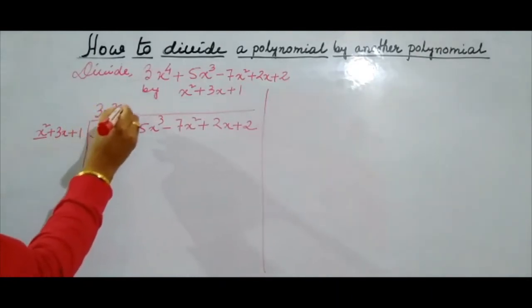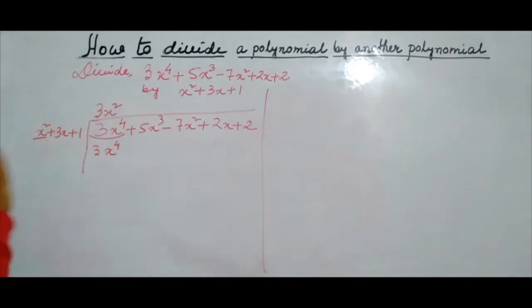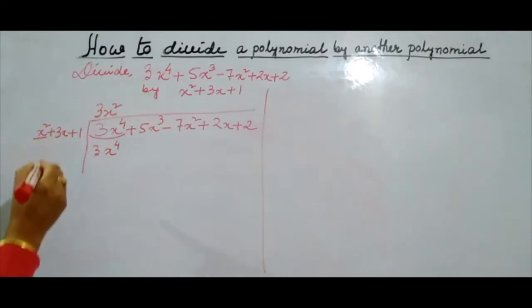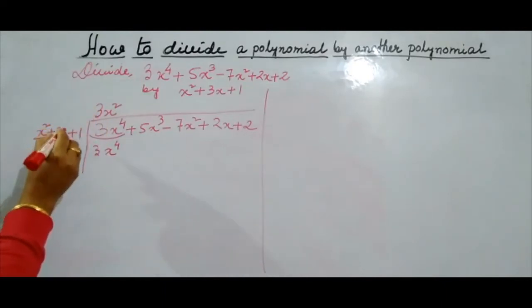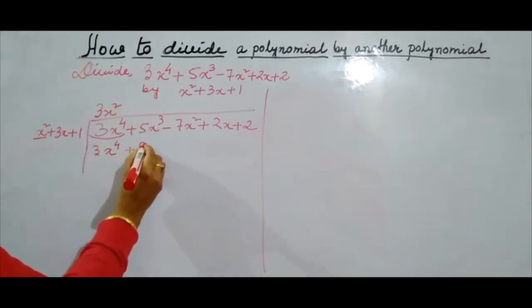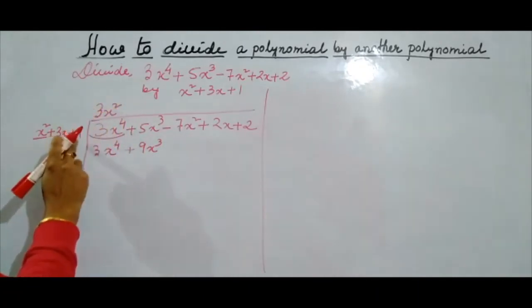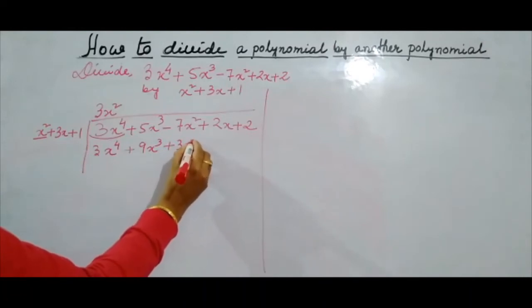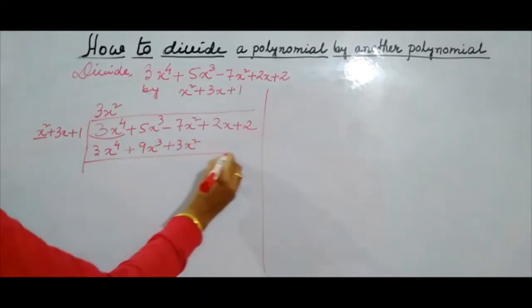Now 3x power 4 we have to multiply by 3x. Numeral with numeral, so 3 3s are 9, x into x square is x cube, so it will be plus 9x cube. Now 3x square into plus 1 will be plus 3x square. I think all of you have understood.